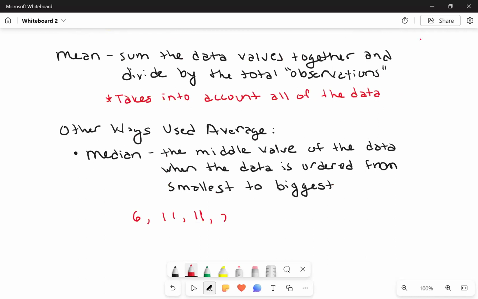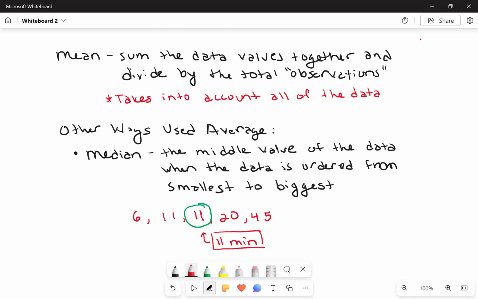That's putting it in order. The median would be the center value, the middle value. In this case, the middle of those 5 data values is 11. So for us, 11 minutes would be a different version of the average.